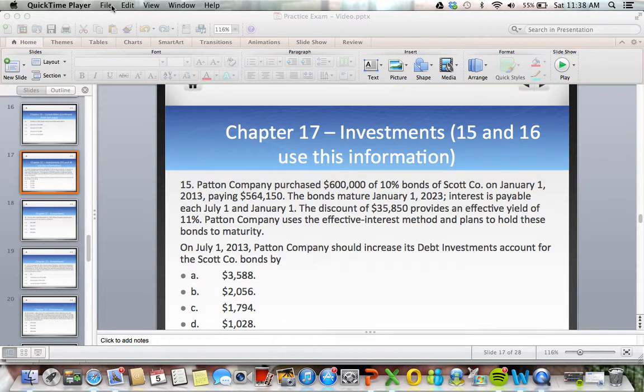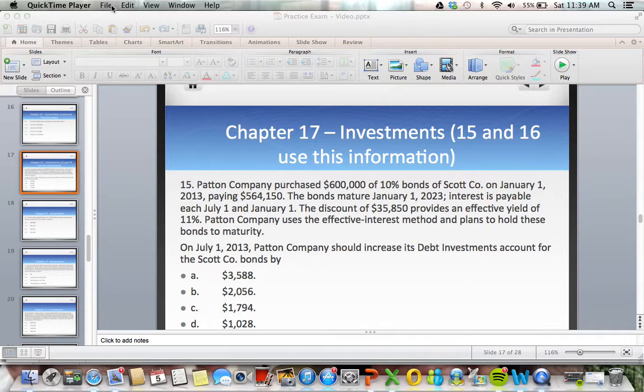The discount of 35,850 provides an effective yield of 11%. And Patent Company uses the effective interest method and plans to hold these bonds to maturity. Now, on July 1, 2013, Patent Company should increase its debt investment account for Scott Company bonds by how much?